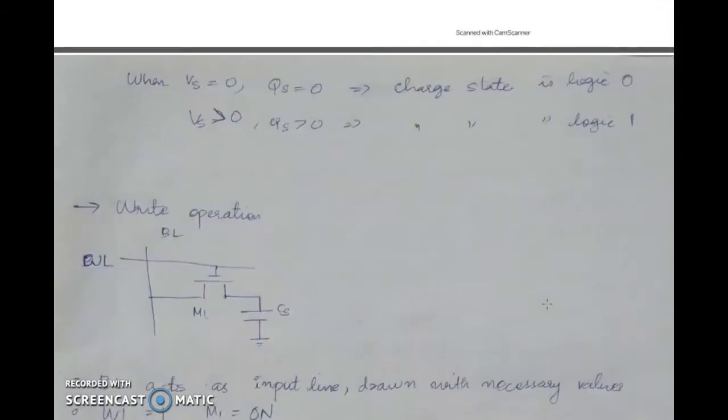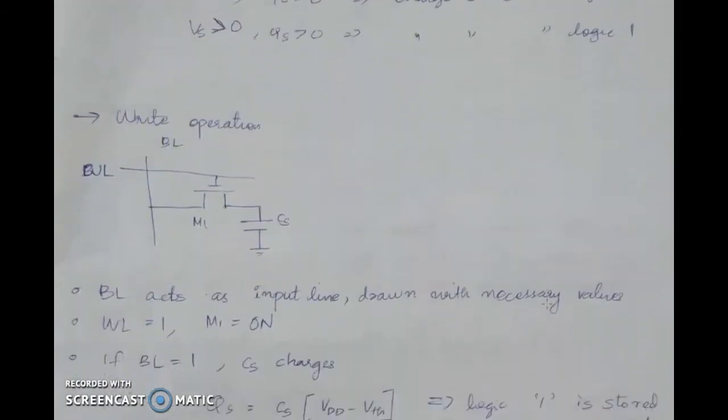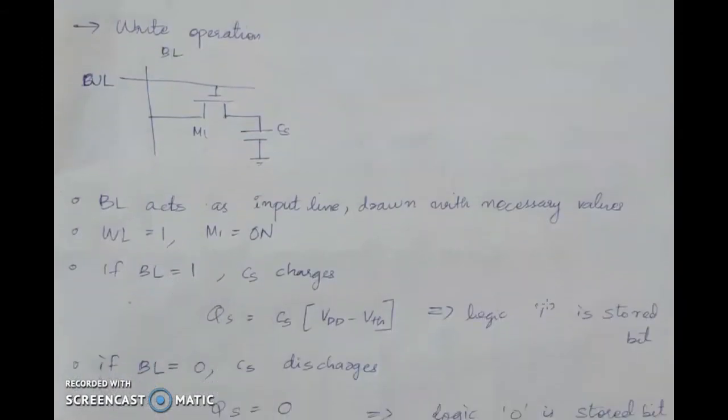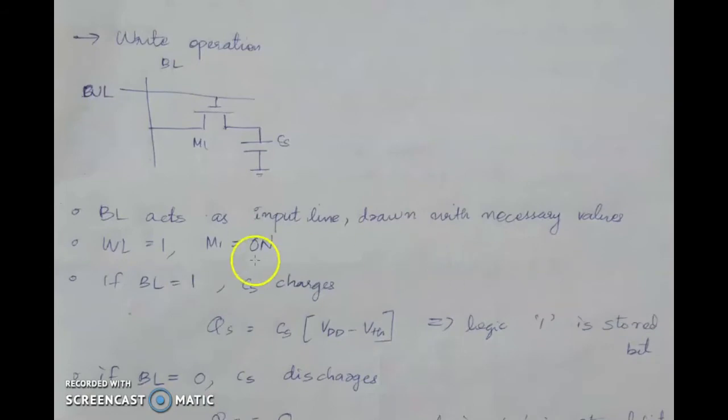Now let's move on to the write operation. In the write operation, we need to first activate this word line, then only this transistor is on. For a write operation, the bit line will act as an input line and is driven with the necessary values.